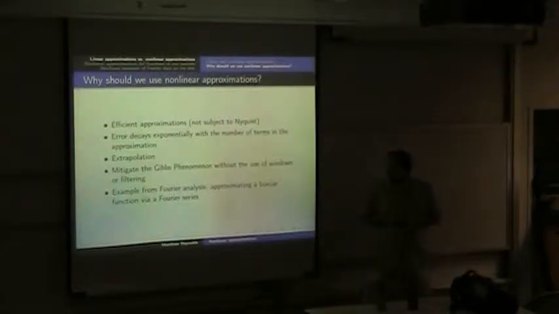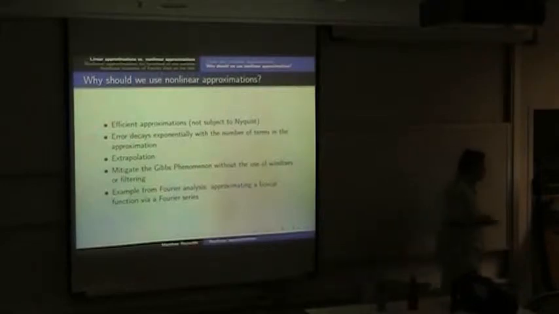But I'd like to talk a little bit about an example first, to get our feet wet. Let's talk about Fourier analysis for a second and approximating a boxcar function. What is the Gibbs phenomenon?